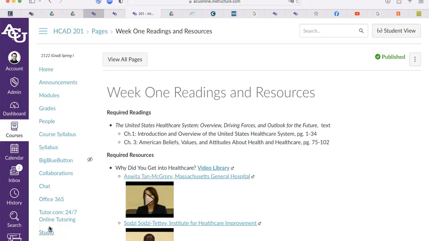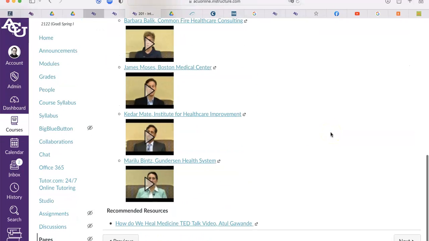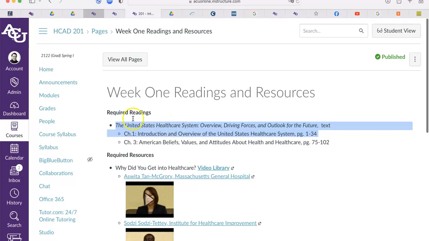So I'm looking here at the week 1 readings and resources that go into this module. And so let's say that you decided you are going to be citing information in this text here. Well, the first thing we need to do is find out some more information about the book, which doesn't have to be listed here.